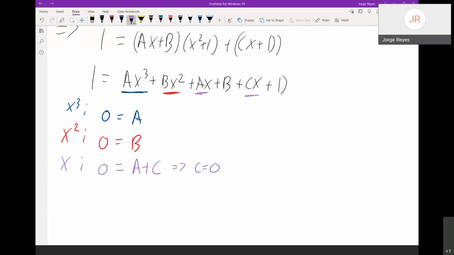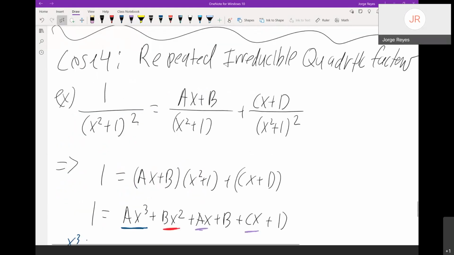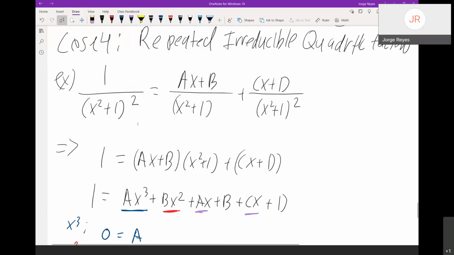Then the constant terms, I get 1 equals b plus d, which means d is 1. And there you go. So the partial fraction decomposition of this thing is actually itself.